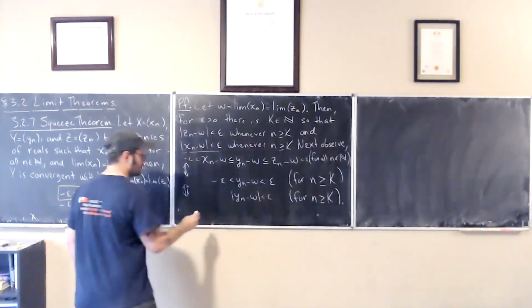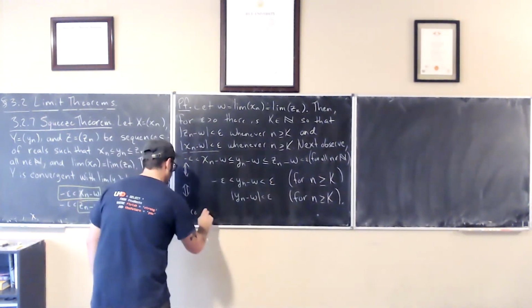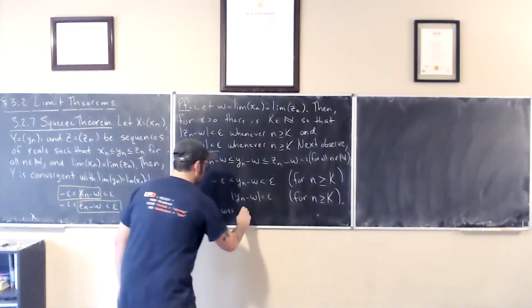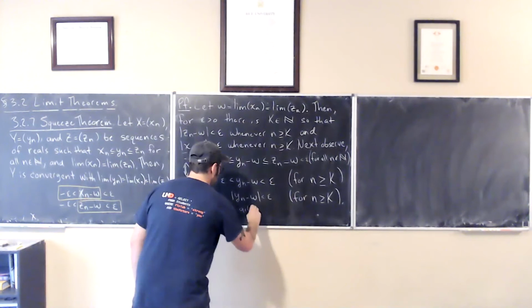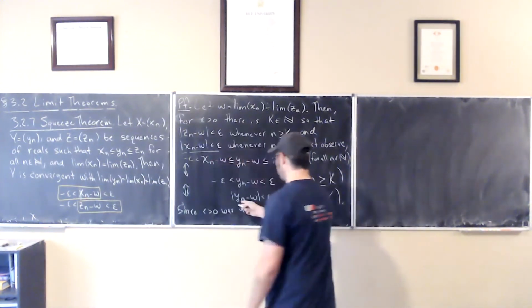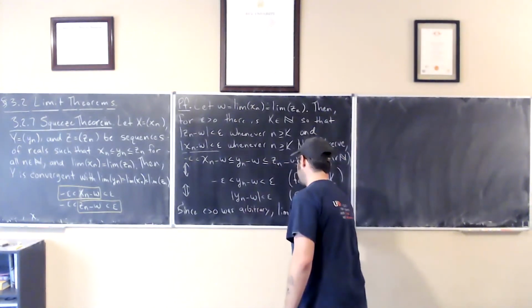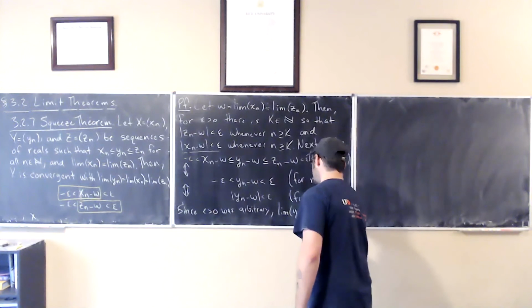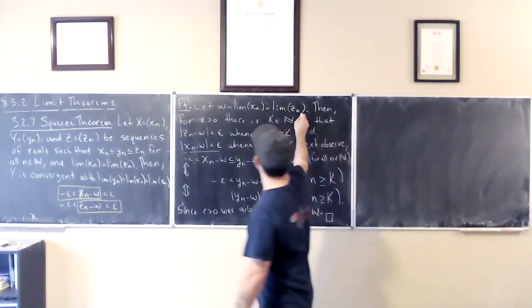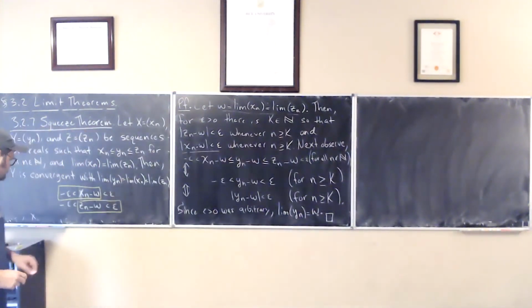So then we're done, right? So since epsilon greater than 0 was arbitrary, the limit of that sequence equals w. And since w is that, we got it.